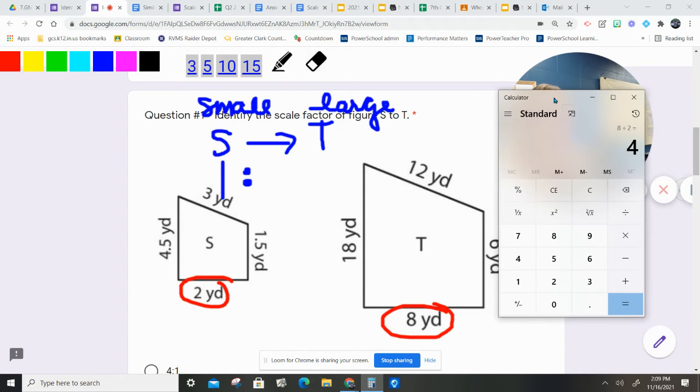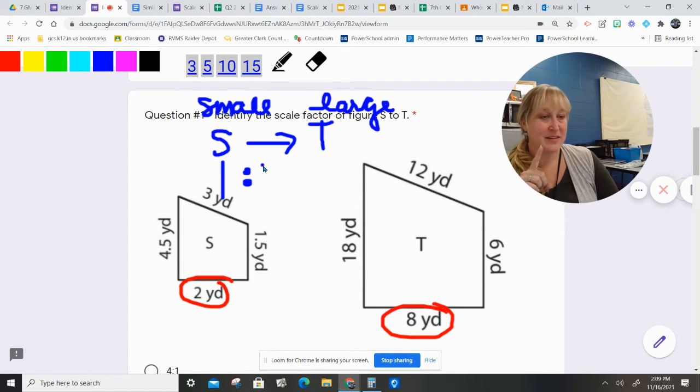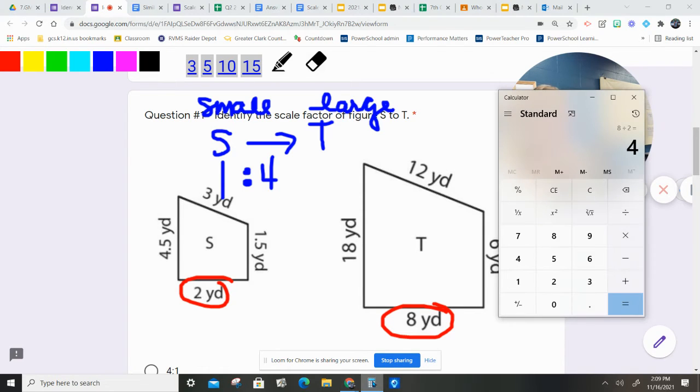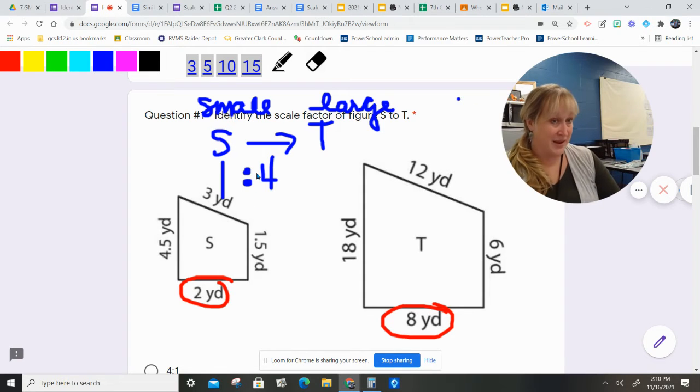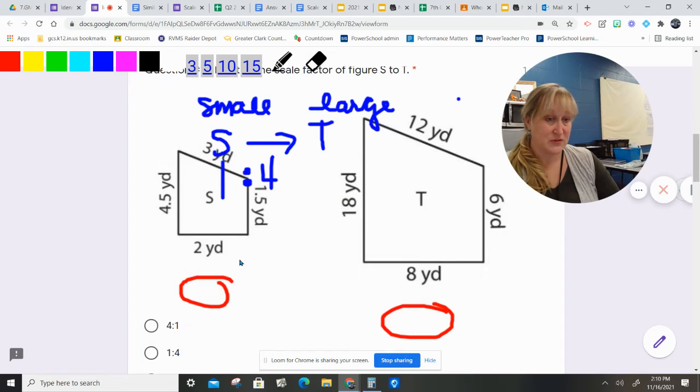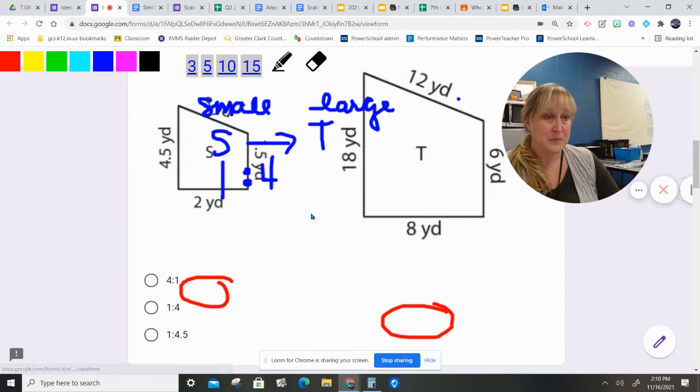So I think that our answer is 1 to 4, because my little shape goes with the little number, and the big shape with the big number. But I'm going to double check by doing the other division. Taking the big number, 12 divided by 3 equals 4. So therefore, my answer is 1, because it's the small one, to 4.